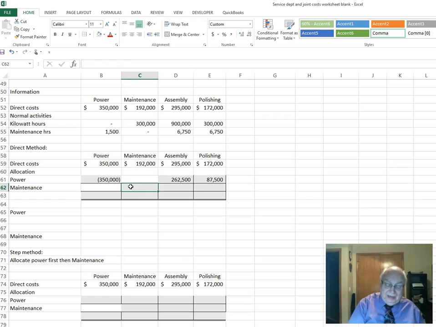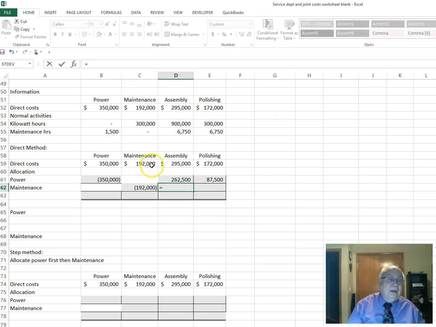Then we're going to allocate the maintenance department. So when we get done, the support department should equal 0. Now the maintenance department is equal to the 192, absolute value this time, times, okay, it's based on maintenance hours. So the 6750 divided by the 6750 plus the 6750, which gives you 96,000.